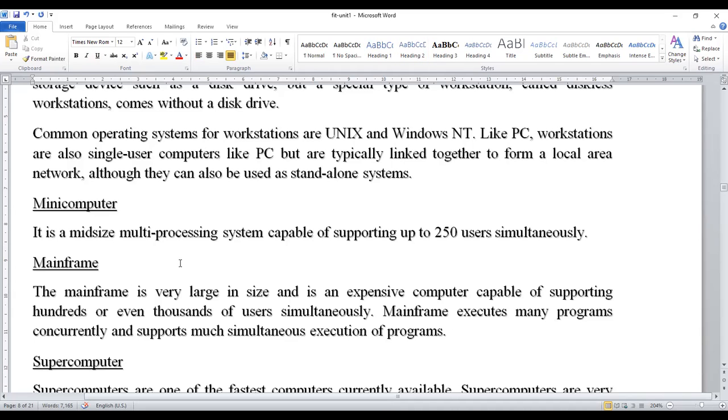Mid-size multi-processing system capable of supporting up to 250 users simultaneously. It can support up to 250 users.